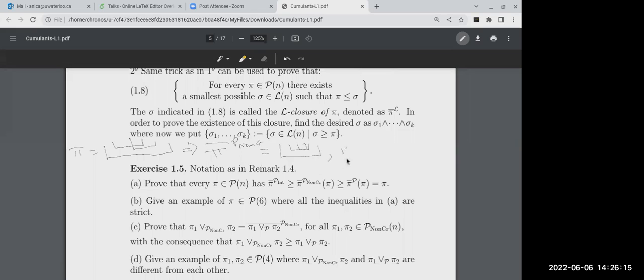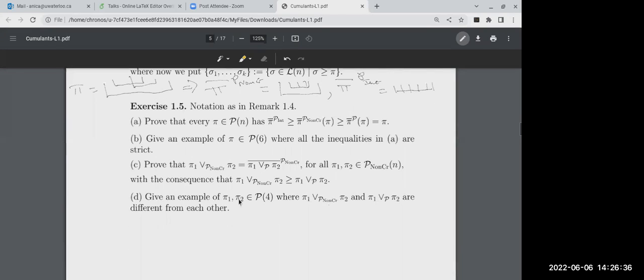And if you take the interval closure, this is bound to be the partition with one block, because 1 and 6 were together. So they are different.